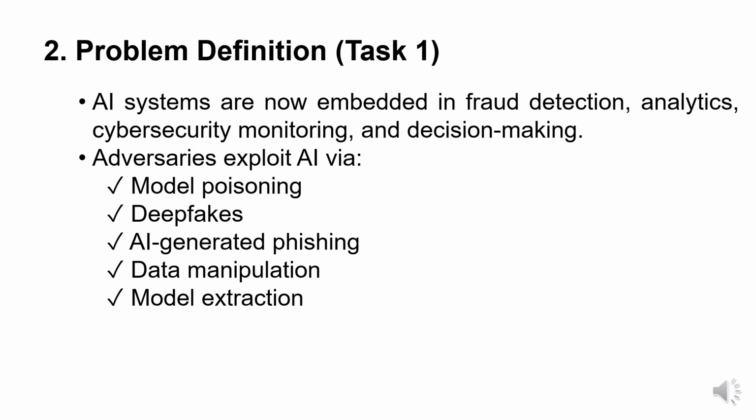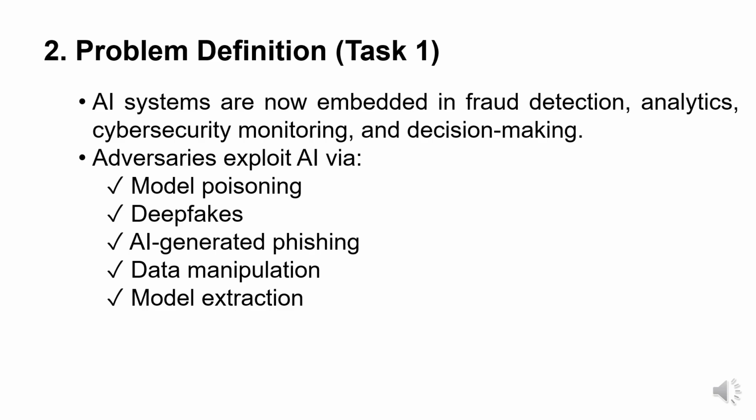Also, AI-generated phishing attacks, where attackers use automated systems and personalized attacks, like sending personalized emails to employees to gain access to the systems. Also, data manipulation, as I said, where attackers alter the training or real-time data.